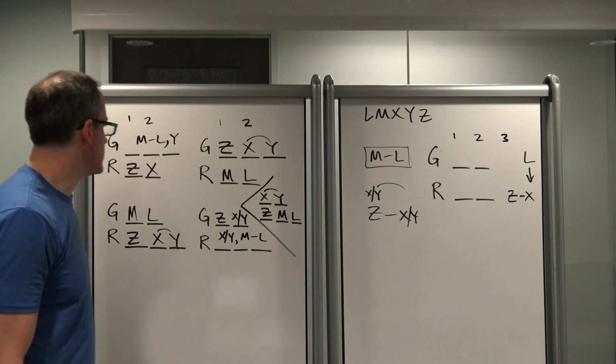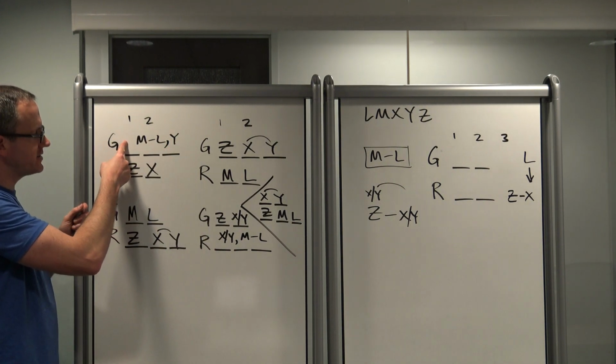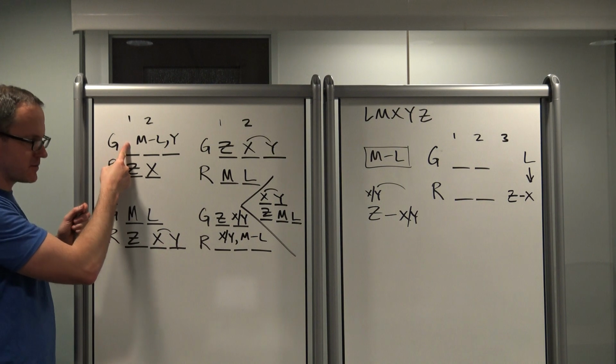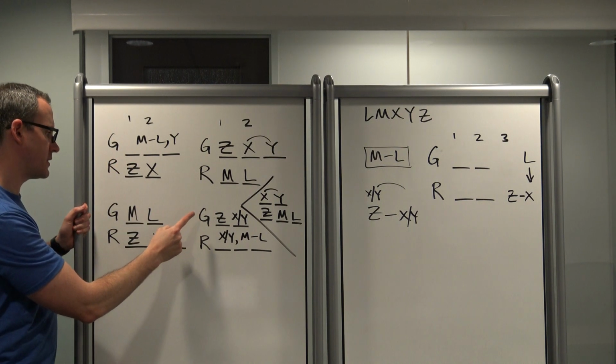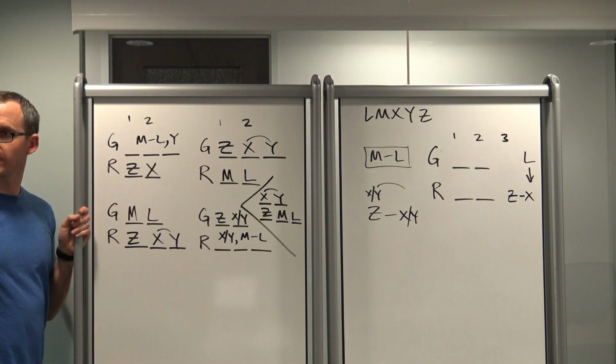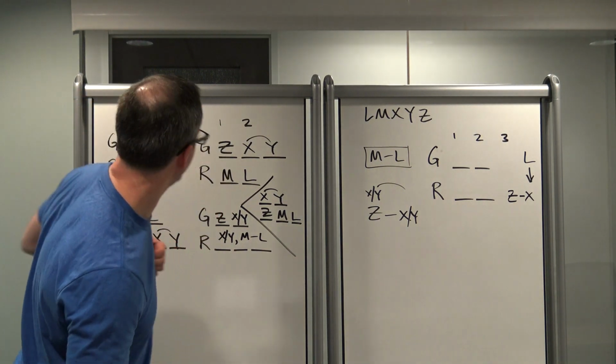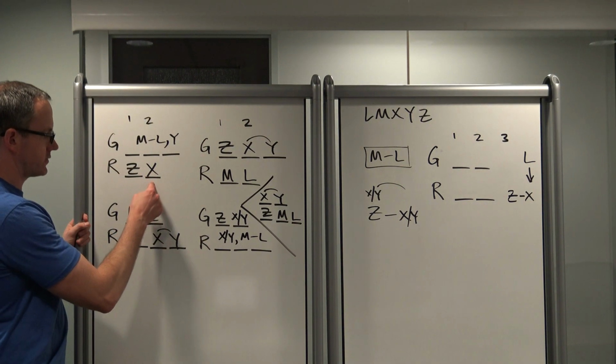Could L be in 1 in the gold room? Okay, if Y is in 1, then L can't be in the gold room at 1. Sound good? Okay, Y is at 1, can L be at 2 in the rose room?